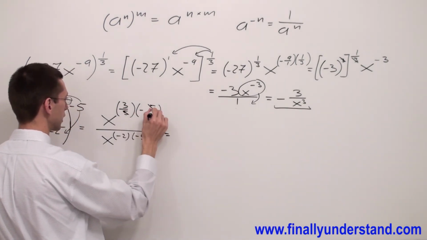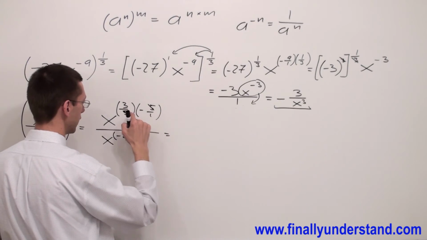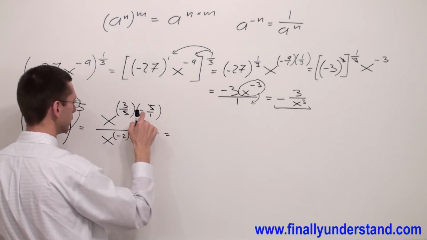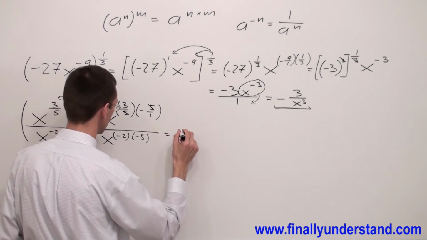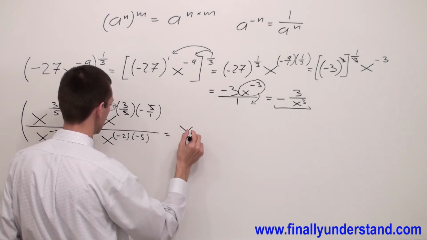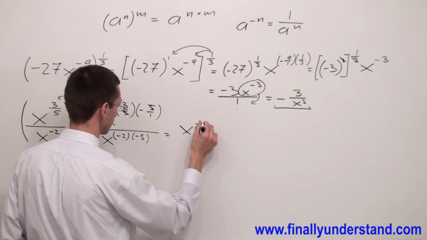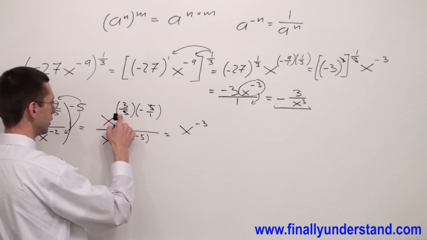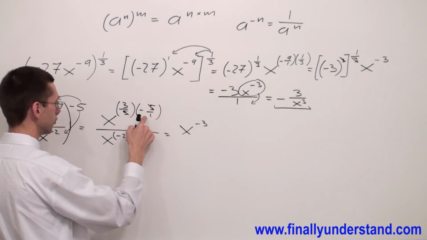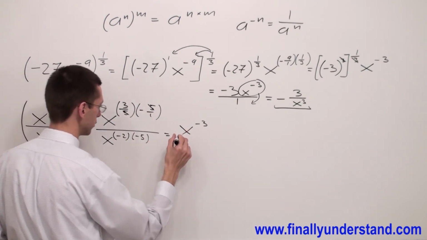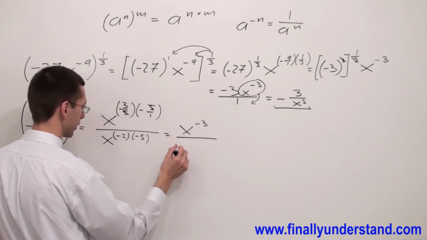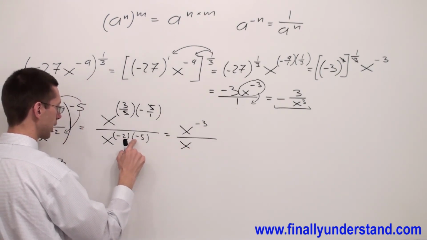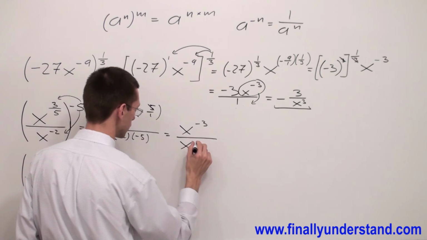5 and 5 will cancel out. And I have 3 times negative 1, which is going to give me negative 3, because 3 over 1 is 3, and 1 divided by 1 is negative 1. 3 times negative 1 is negative 3, so x to the negative 3. Negative 2 times negative 5 is 10.